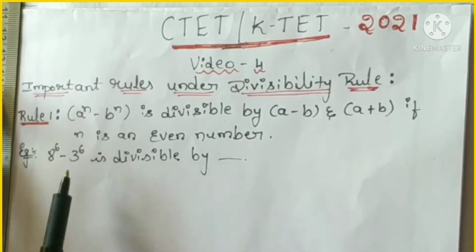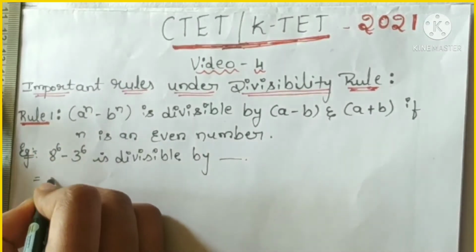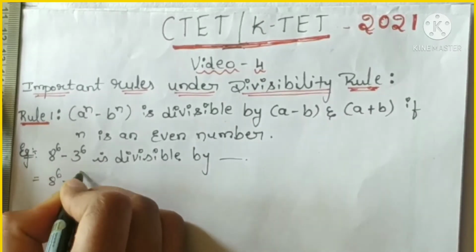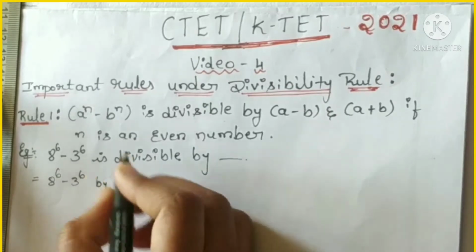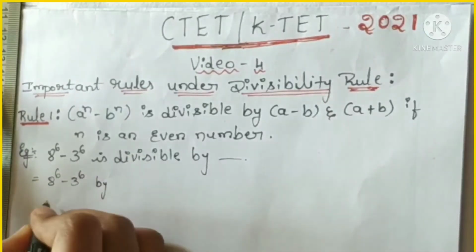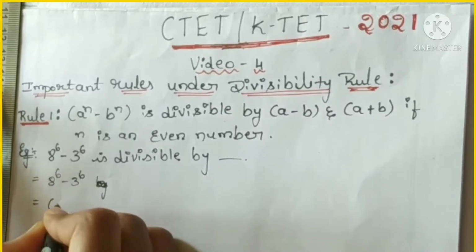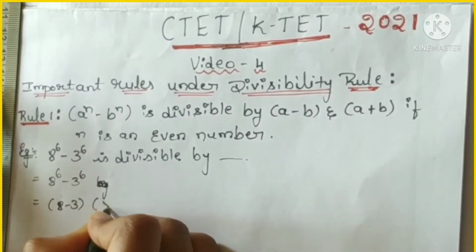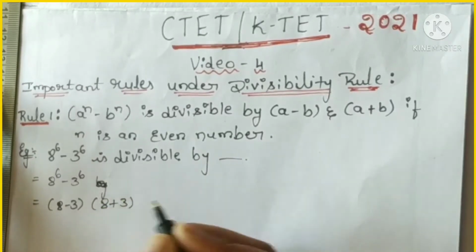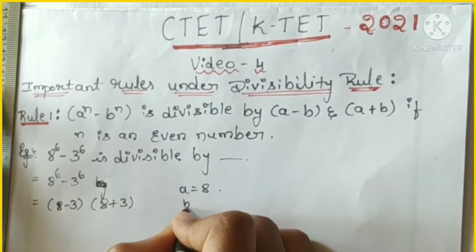So according to this rule, we can write 8 to the power of 6 minus 3 to the power of 6 is divisible by 8 minus 3 and 8 plus 3. Here a is equal to 8 and b is equal to 3.